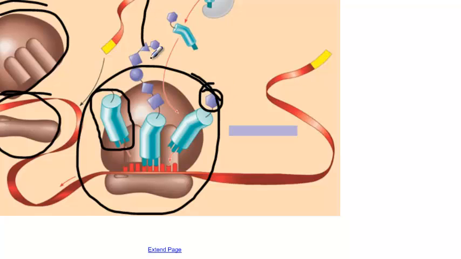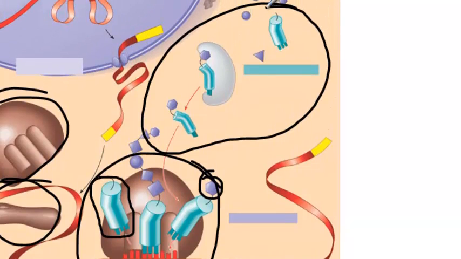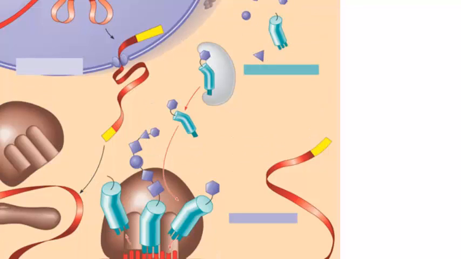So up here, what's happening is the anticodons are getting stuck to the correct amino acids. Once that happens and our tRNA is formed, then we can start translation.